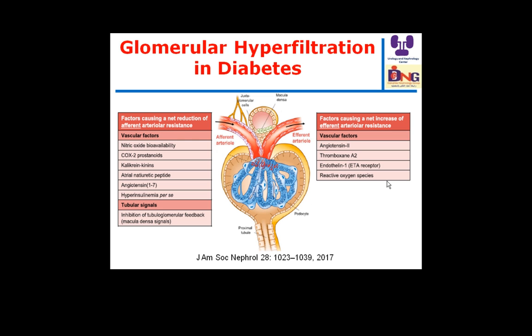So both factors, those that increase afferent vasodilation and efferent vasoconstriction, at the end can lead to glomerular hyperfiltration.